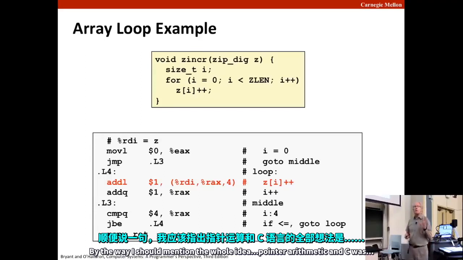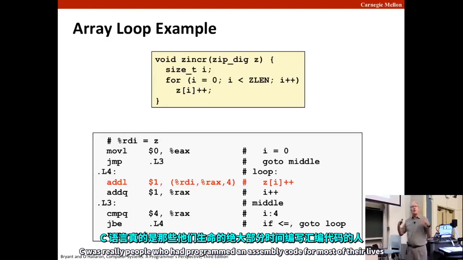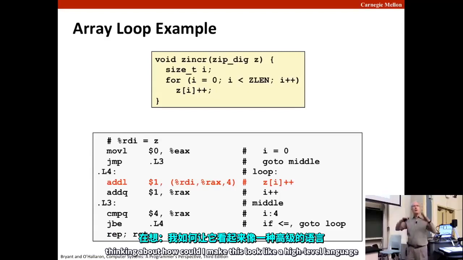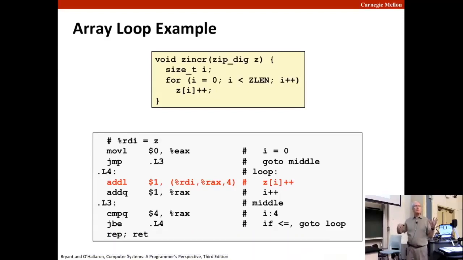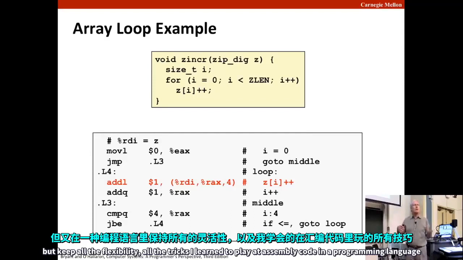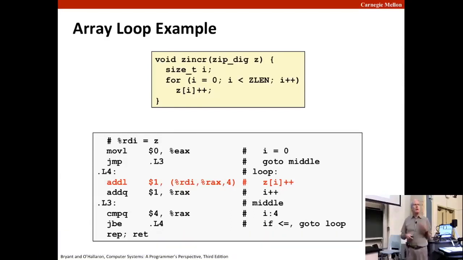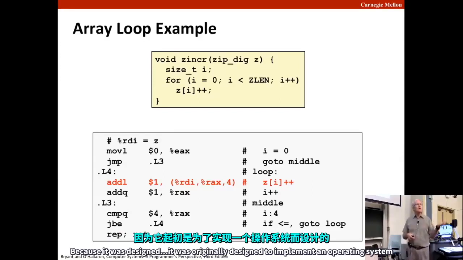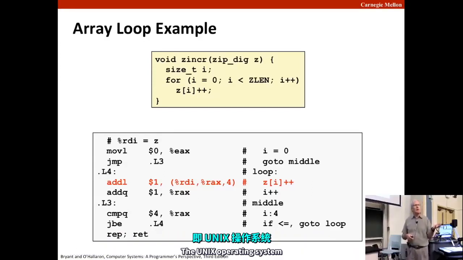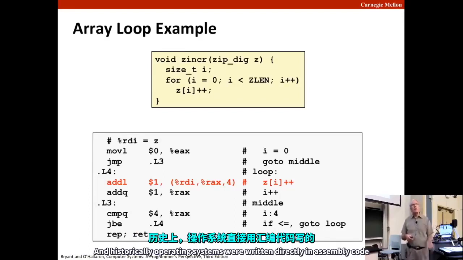By the way, I should mention the whole idea of pointer arithmetic in C was really people who'd programmed in assembly code for most of their lives thinking about how could I make this look like a high-level language but keep all the flexibility, all the tricks I learned to play in assembly code. Because it was originally designed to implement an operating system, the Unix operating system. And historically, operating systems were written directly in assembly code.